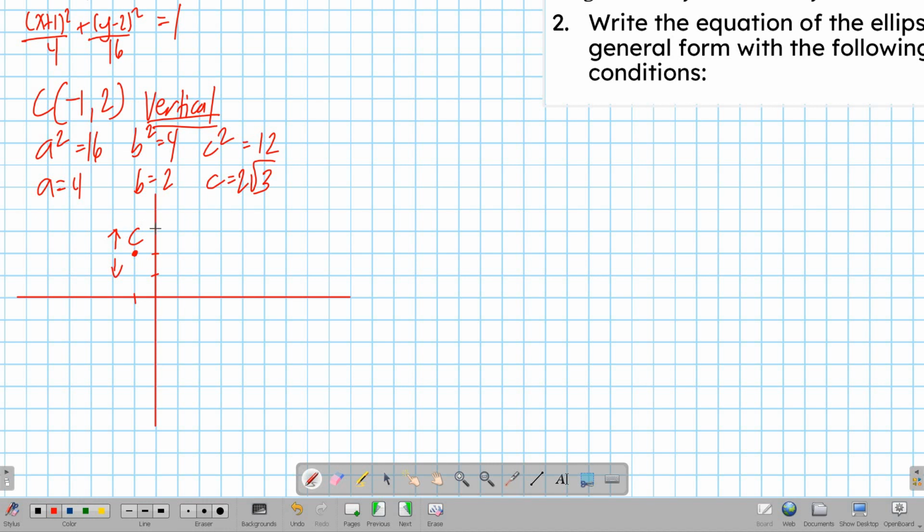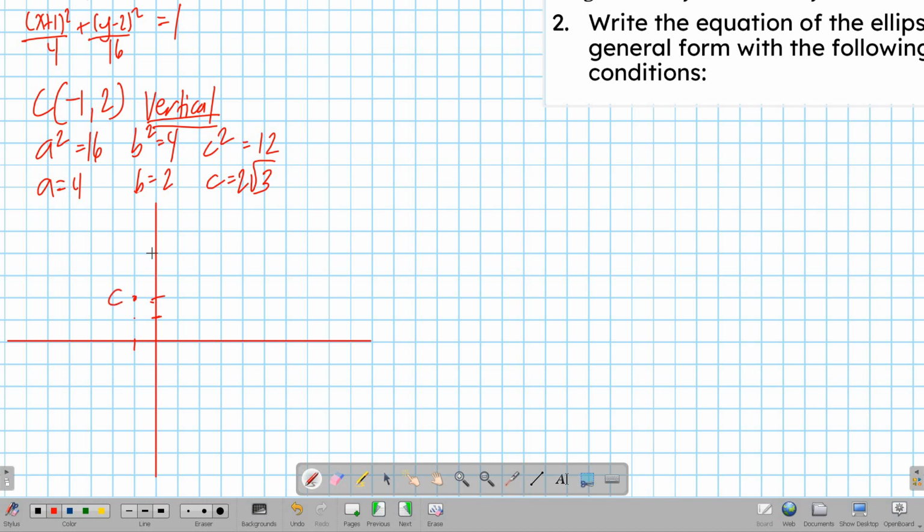In this case, we go up 4, wait a moment, let's fix this here. Negative 1, 2.